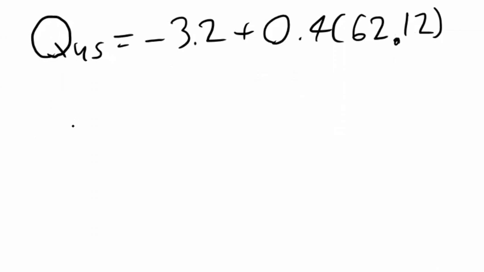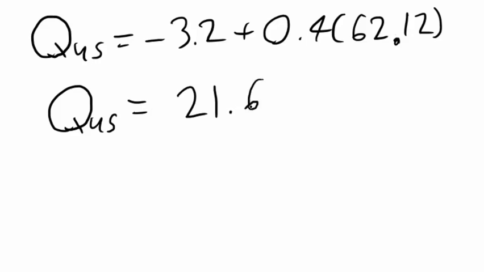And by plugging that into a calculator, we get a quantity of US equals 21.65. So now we have found the levels of output for each factory, and by using the profit maximization rules, these quantities will allow us to make the most profit. That will conclude this video on multi-plant monopolies.